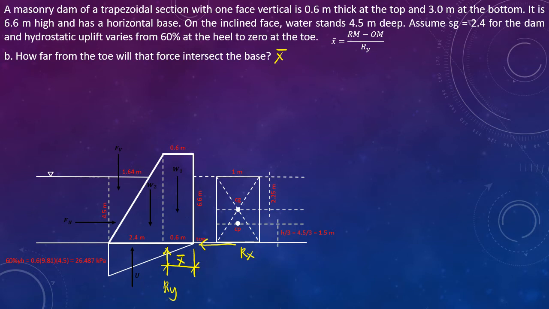For FH, with respect to the toe, its moment arm is h over 3, the location of CP from the bottom, and that is 1.5 meters.